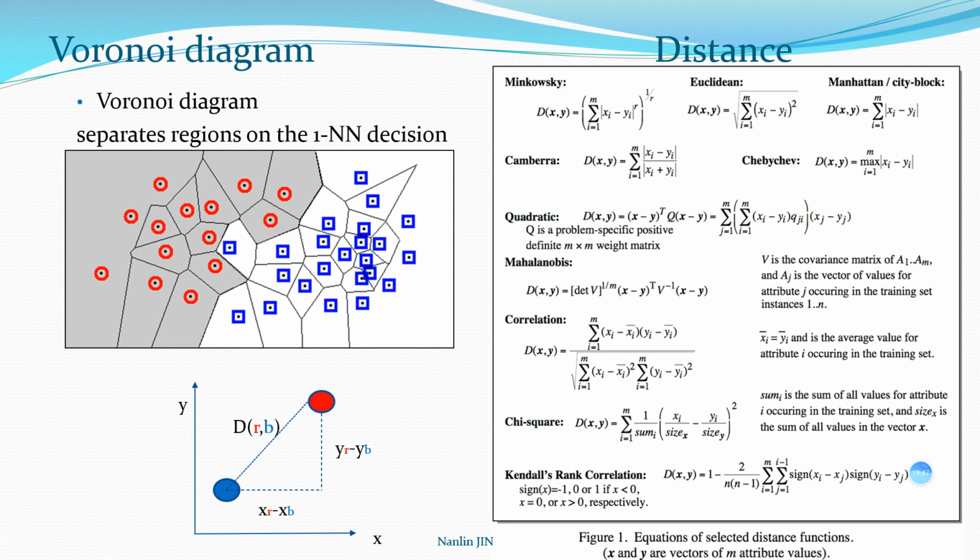So in our case, we use xr, which is red, and xb, which is blue. We calculate the difference on x, which is this one. We also calculate the distance in y, which is this one. Then there are several ways to work out the distance.